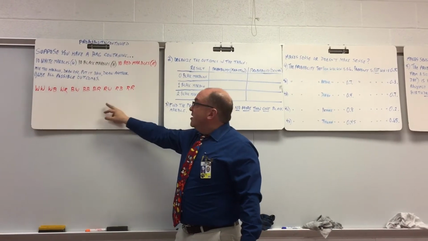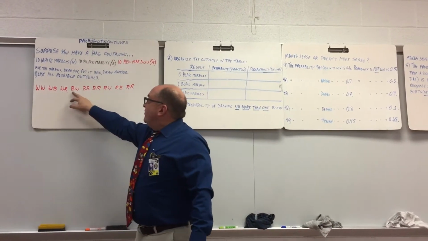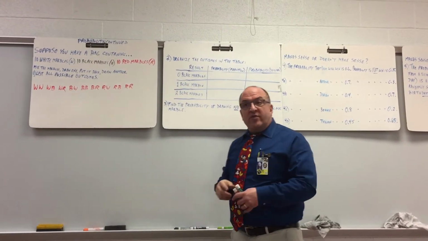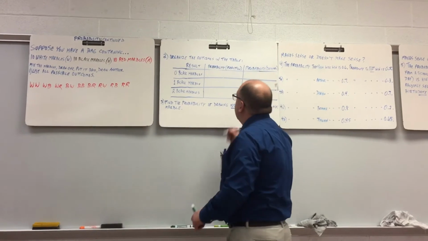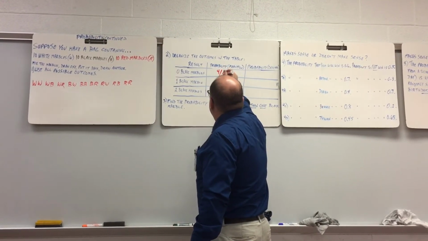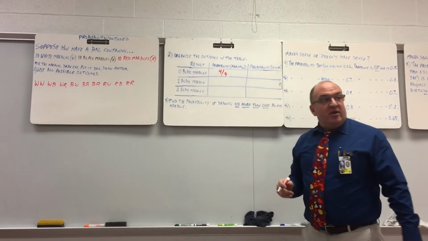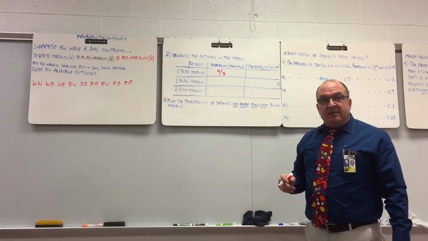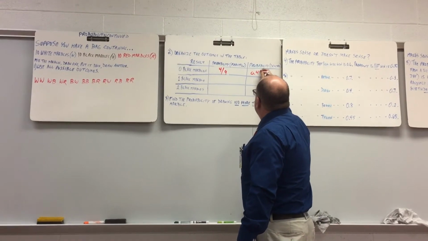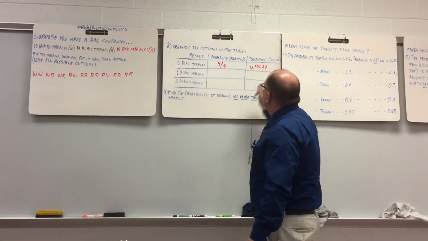There are 1, 2, 3, 4, 5, 6, 7, 8, 9 possible outcomes. 4 of them you don't get a black marble, right? That would be 4 out of 9. On your calculator, when you do 4 divided by 9, you'll get 0.4444. Okay?